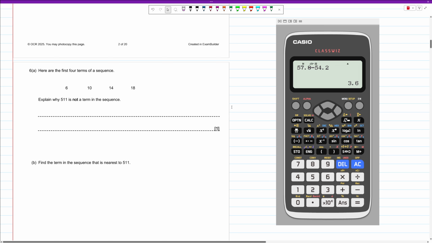Here are the first 4 terms of a sequence. Explain why this number is not a term in the sequence. That's easy. These are all even numbers. This is an odd number.